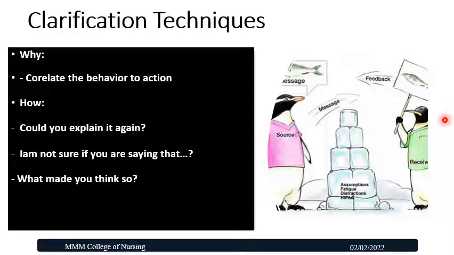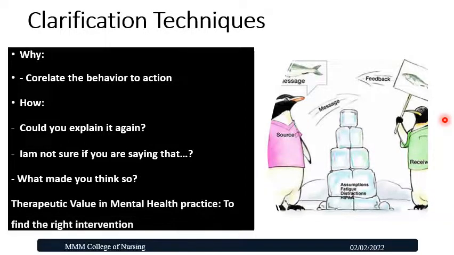So this clarification could be based on the patient's feelings, ideas, perceptions, so that it eliminates the ambiguity, confusion, misunderstanding, and it brings about understanding, and there is clarity. And the therapeutic value, so having clarified, the nurse can plan the right nursing intervention with the patient.